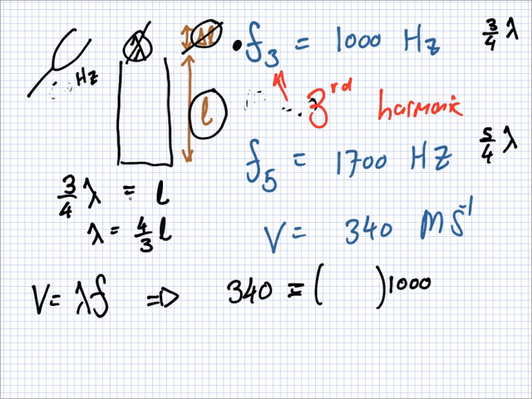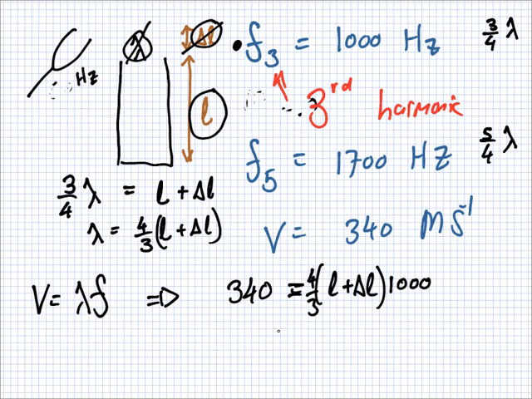Rather, it's 3/4 of the wave equals the length of the pipe plus this little extra piece that we don't actually know because it's fallen outside. So that means that lambda is 4/3 L plus this little error here. So here I should have 4/3 L plus delta L.